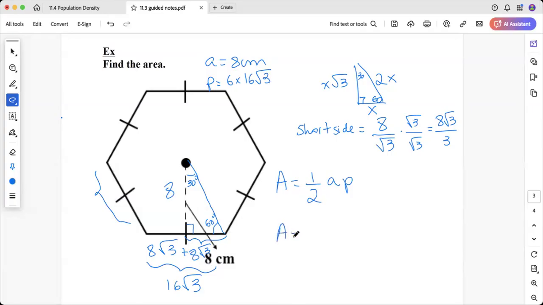So area equals half times 8 times 6 times 16 square root of 3.